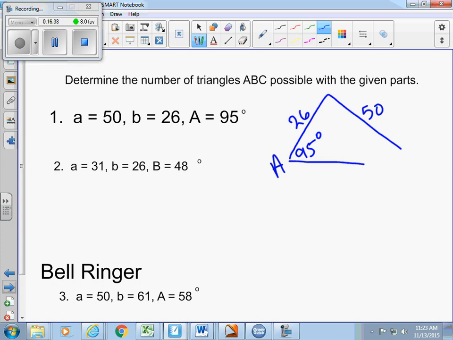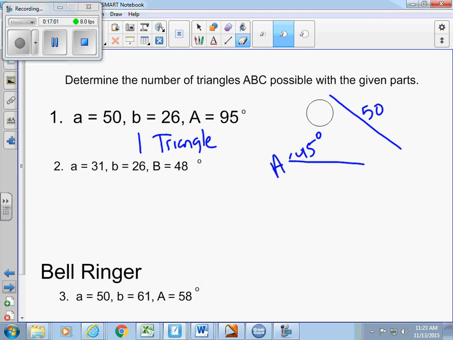Okay, so what case is this? This is, to me, the easiest case. This side is longer than that one. Forget it, one triangle, done. Why one triangle? Obtuse angle. Oh good, I didn't draw it that way.